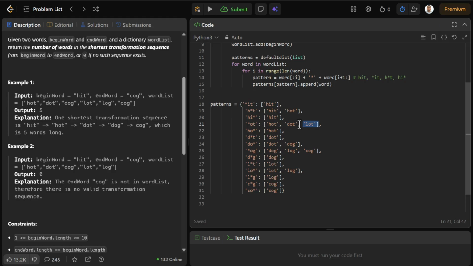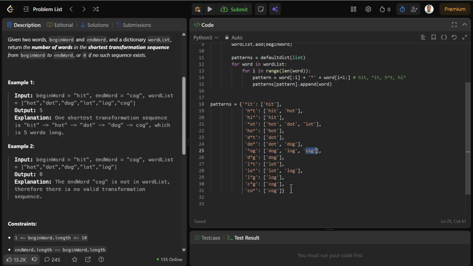Then from dot, I know that the neighbor of dot is going to be dog, and the neighbor of lot is going to be log. Now coming back to dog, neighbors of dog are log and cog. Since the neighbor of log is cog, that means I just move from heat to hot, from hot to dot, from dot to dog, then from dog to log. That's how my BFS is going to look.